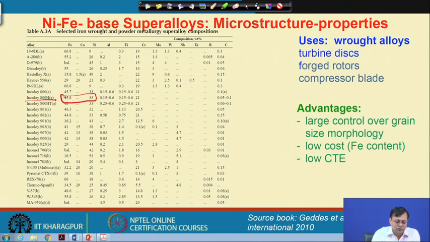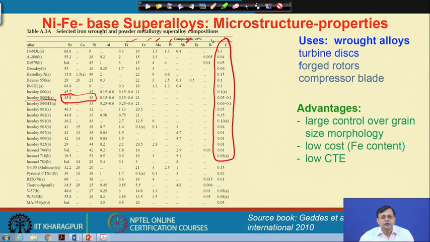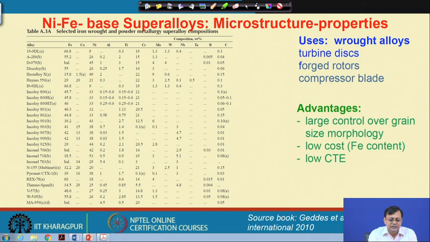Here we have 45% iron and 30% nickel, and then we add some refractory metals like molybdenum and tungsten along with some niobium, and here too we need carbon and boron in order to get some carbide strengthening effect. So, by looking at the composition chart, one can easily understand the purpose of the various alloying elements and their role.